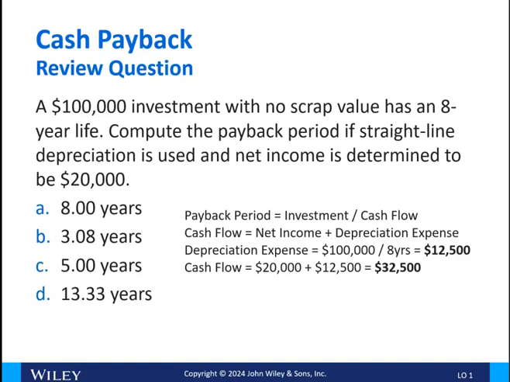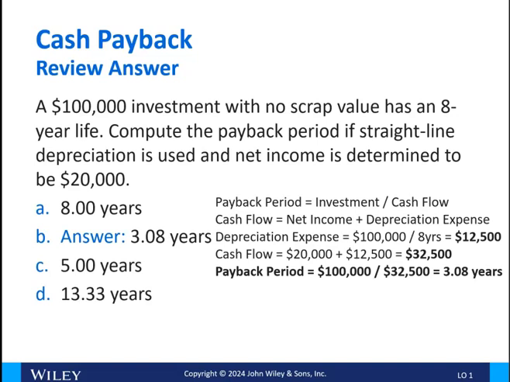Then we can use the payback period formula, and 100,000 divided by 32,500 is 3.08 years. So we had to do a little more to calculate the depreciation expense, but straight line is used in a lot of these examples and in your homework, and it's easier to figure out.